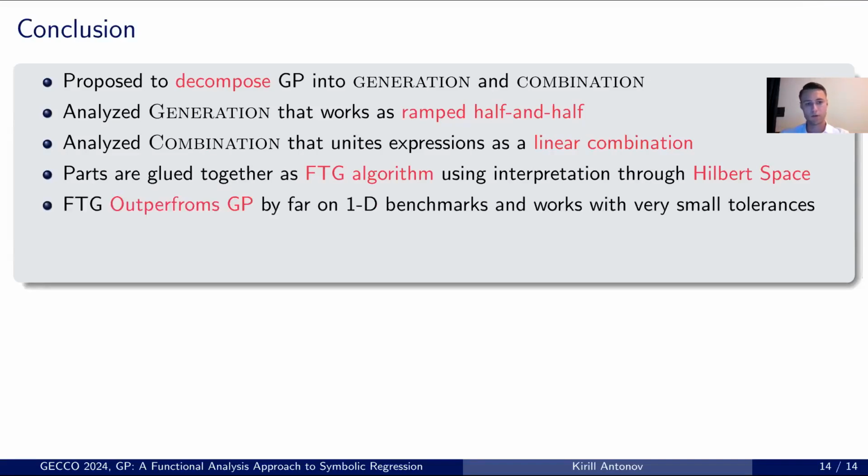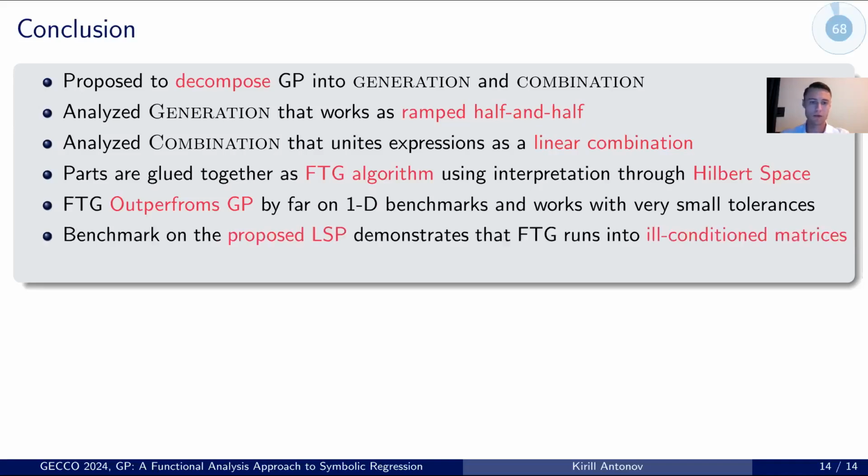FTG significantly outperforms GP on one-dimensional benchmark problems and works with very small tolerances. However, we emphasize its disadvantages on the proposed LSP benchmark, and one of the disadvantages is that it works with very ill-conditioned Gram matrices.